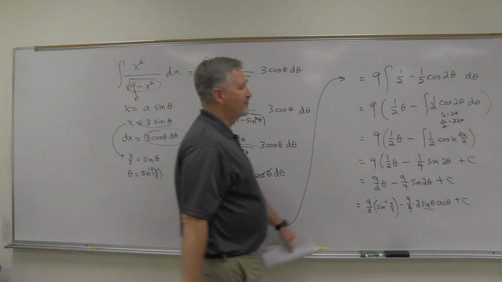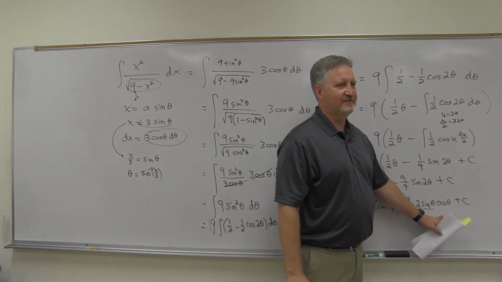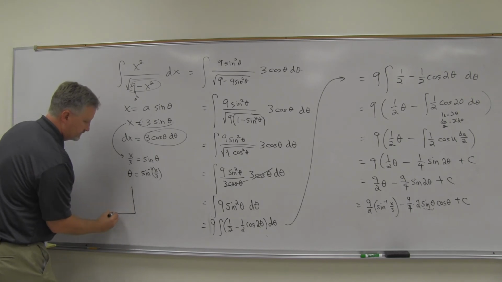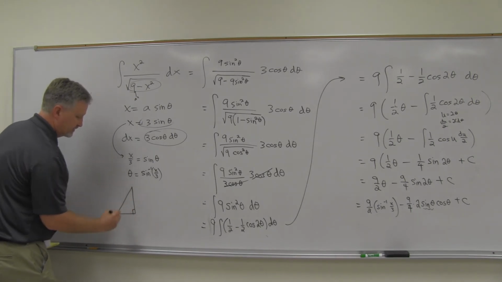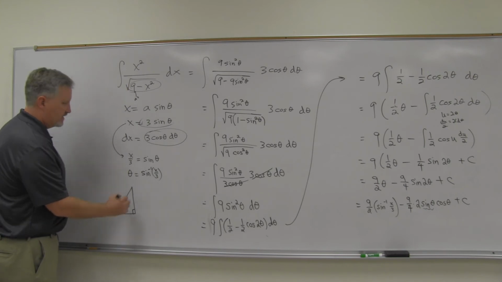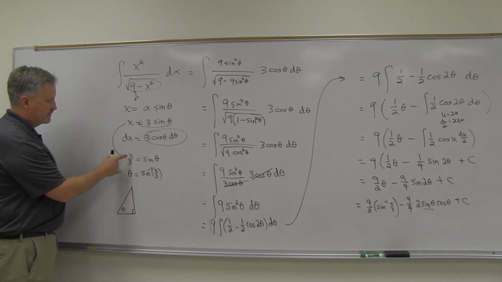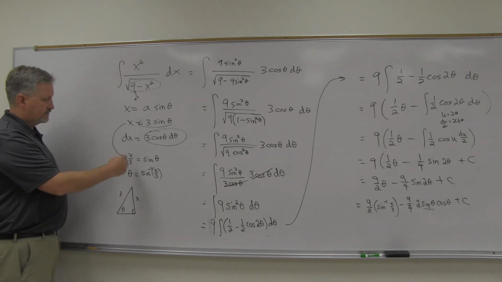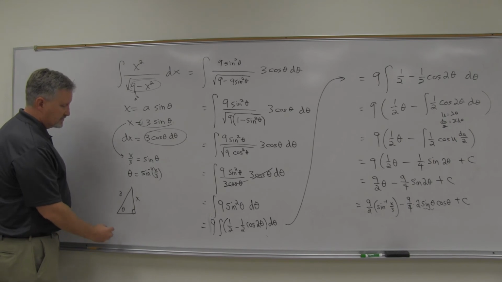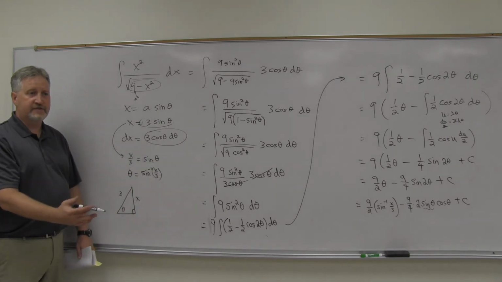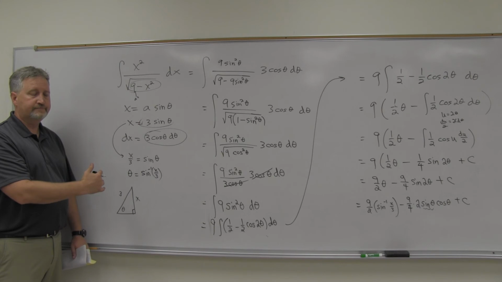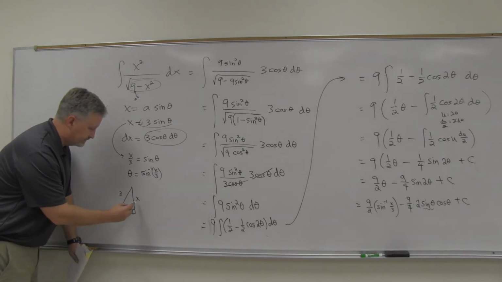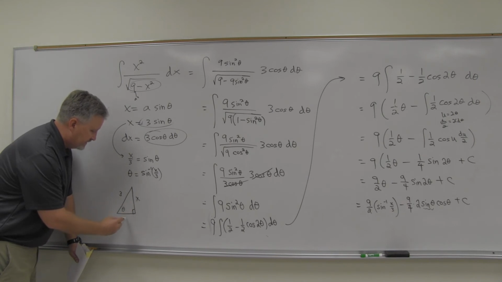The only problem is I also need to know what cosine of theta is in terms of x. And that's where you pull out your trig triangle. I draw them like this, whatever orientation you want. If I call this theta, sine's opposite over hypotenuse, so that would be x and that would be 3, right? Opposite over hypotenuse. And for cosine, what do I need? Adjacent over hypotenuse. So I need that. Well, it's just a little Pythagorean theorem thing.